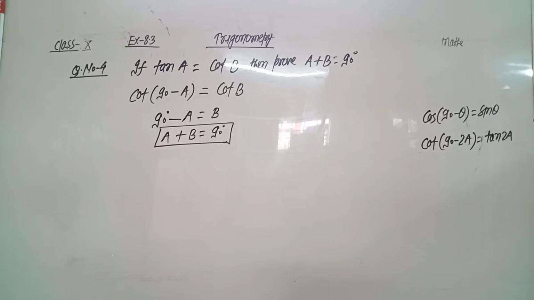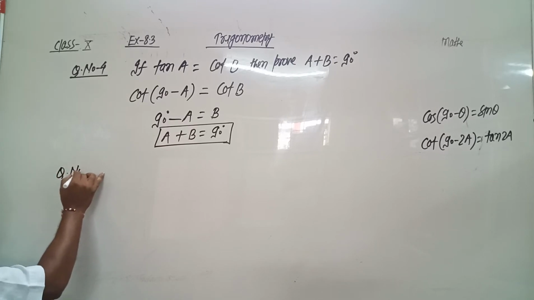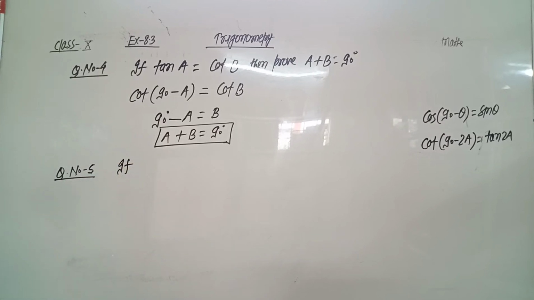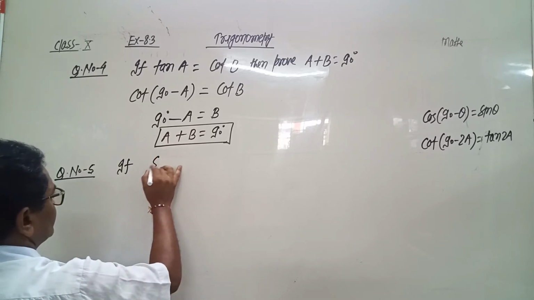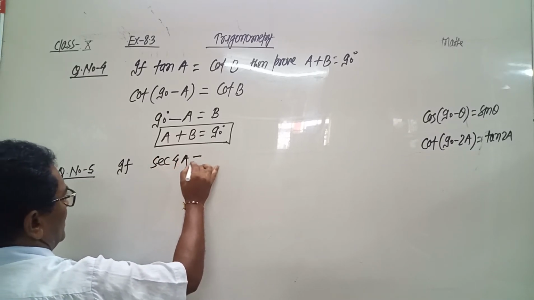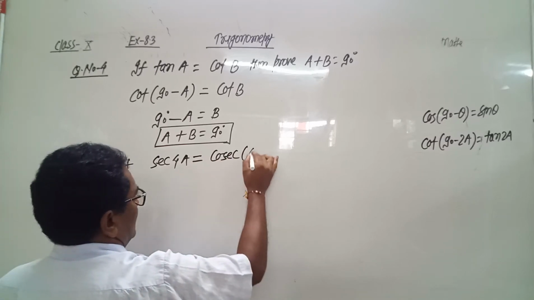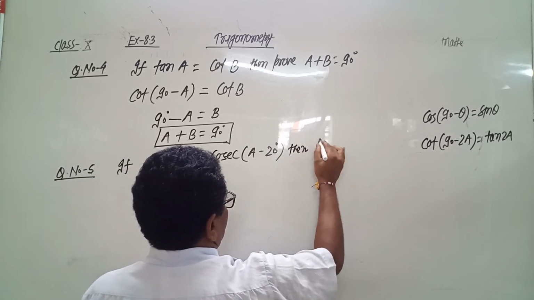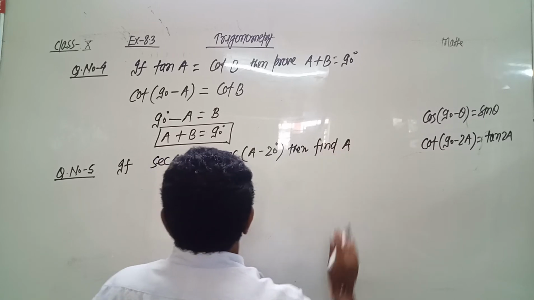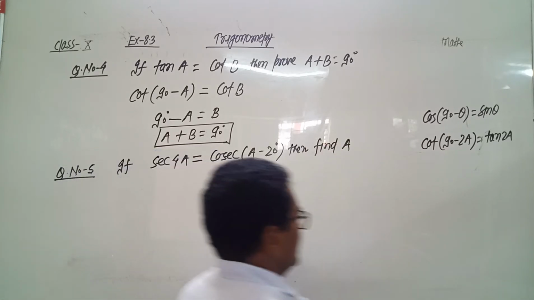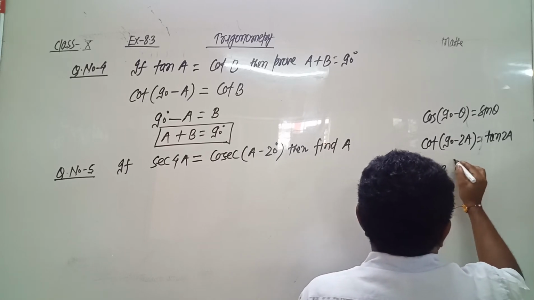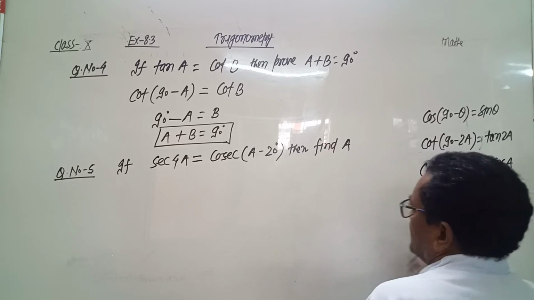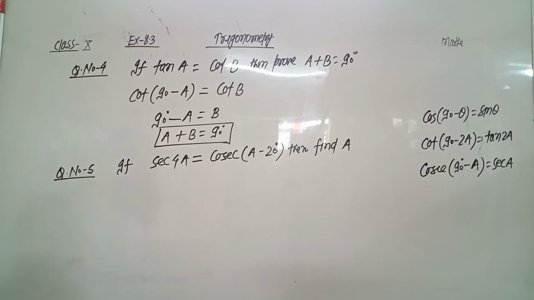Then question number 5. If sec 4A equals cosec (A minus 20), then find the value of A. We know sec can be written as cosec: cosec (90 minus A) is equal to sec A. So sec 4A is written in terms of cosec.